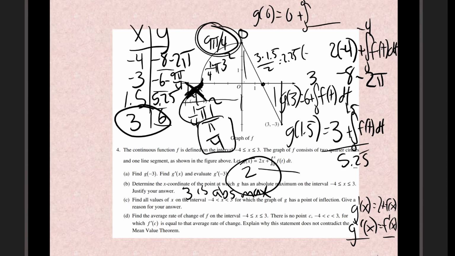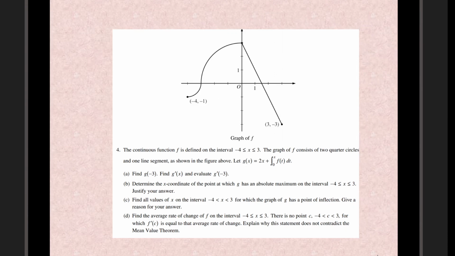So what I'm going to look for is a change in the slope. When my slope changes from positive to negative, that is the sign of an inflection point in g. Which means, hopefully I didn't need any of that stuff, which means where does my slope change from positive to negative? Just right here. So that is at x equals 0.